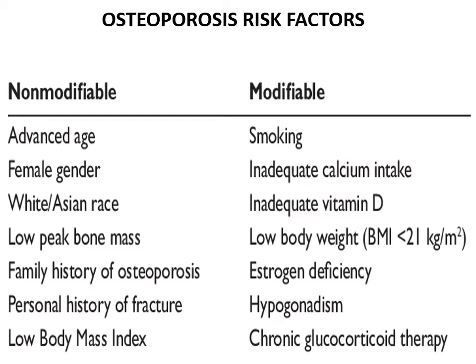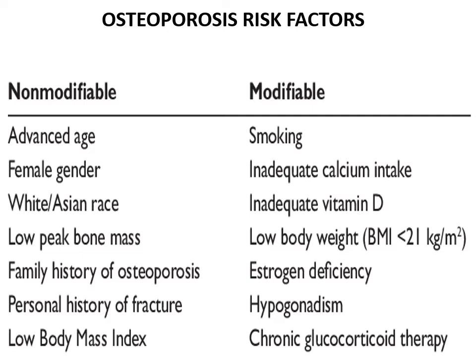So if someone had poor or inadequate intake of calcium and vitamin D as a child or as a young adult, that is a risk factor for osteoporosis later in life, okay? And also, if someone's in their 50s or 60s and they're losing a lot of bone mass because they've lost their estrogen, so I'm talking about females, taking calcium and vitamin D supplements is extremely important to try and maintain some of that bone mass.